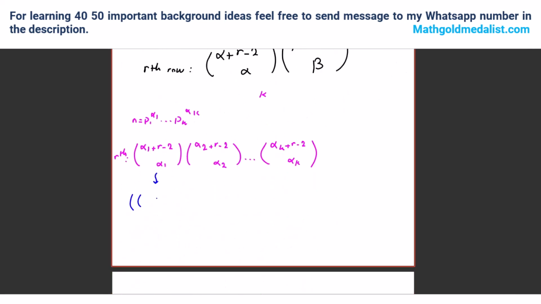R minus 3 choose r minus 3, right? Plus r minus 2 choose r minus 3, plus what choose r minus 3? So let's write it like this: r minus 2 we can write, what choose r minus 3, alpha 1 plus r minus 3. We want to see what it means, right?